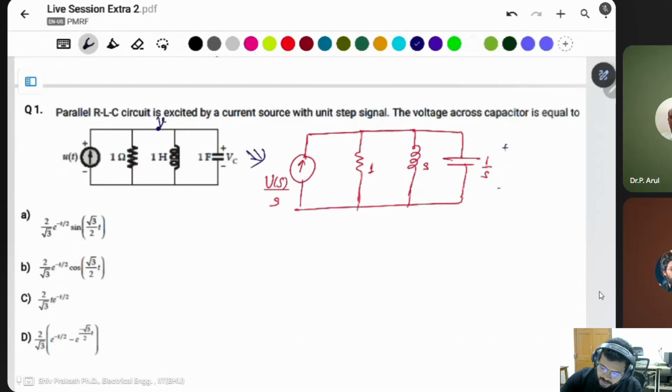You have to find the voltage VC. All elements are connected in parallel, so the voltage is the same. This node voltage is VC(s). Use KCL in the circuit.